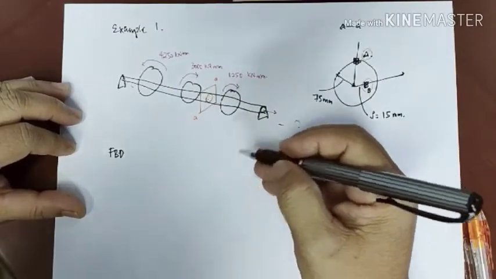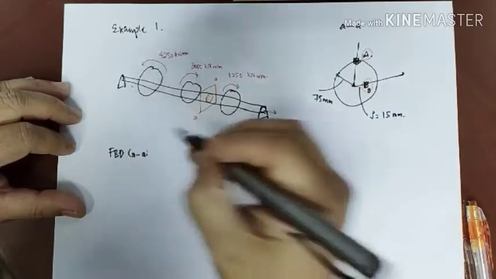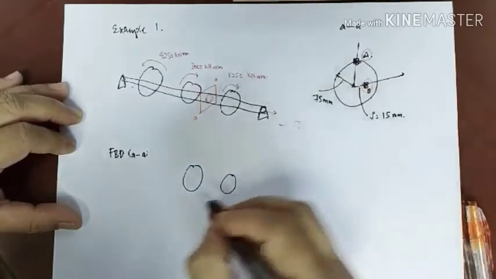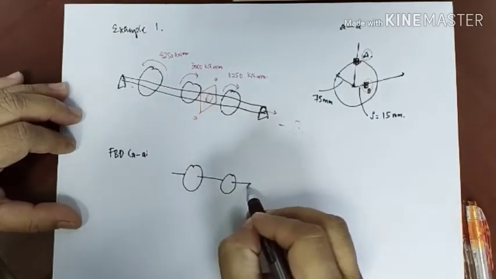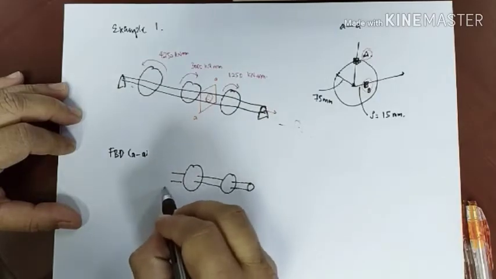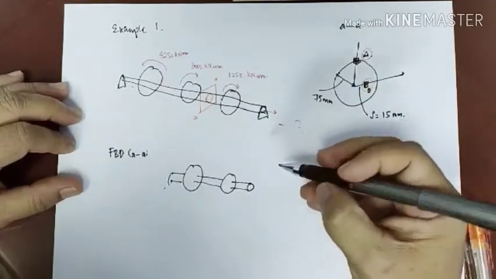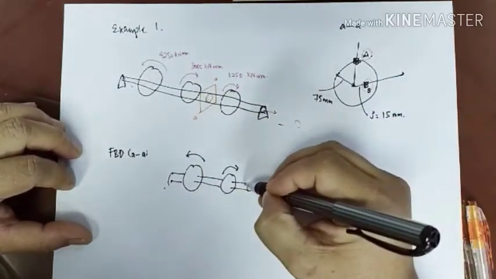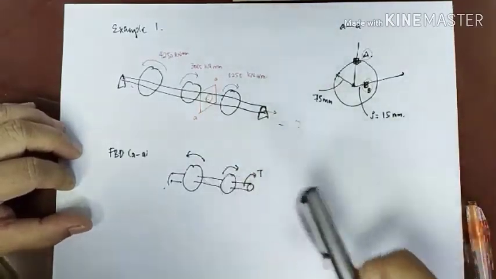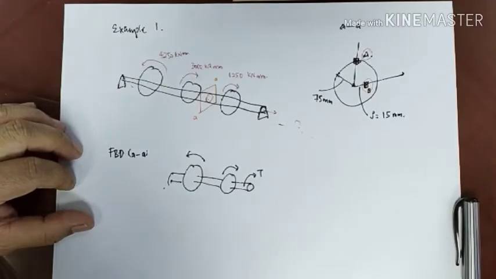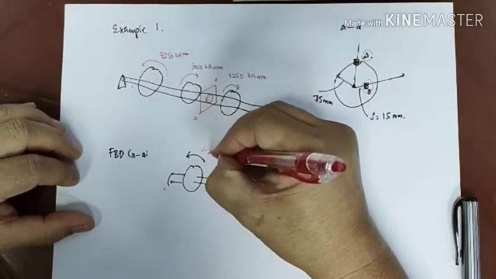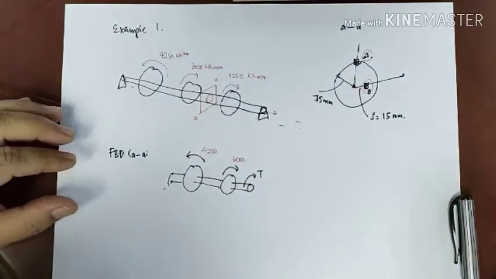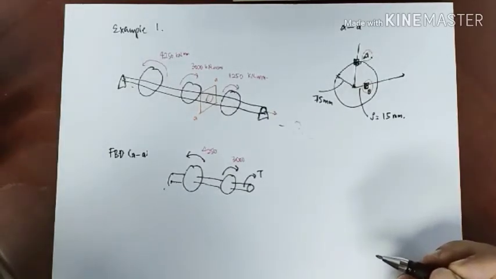For this segment AA, because we want to identify the AA, we leave only the two, and then here we have T. I would use this 4250, 3000 and also T. So how can we calculate the T?